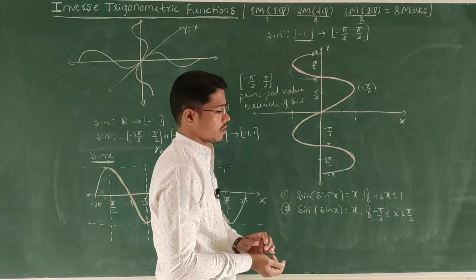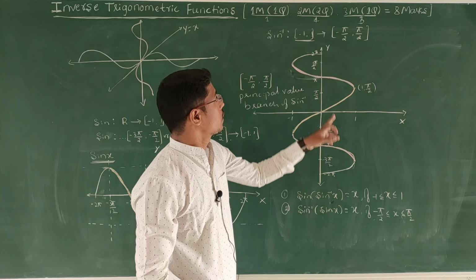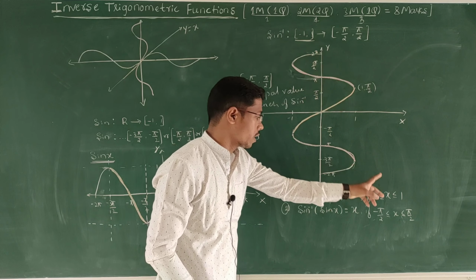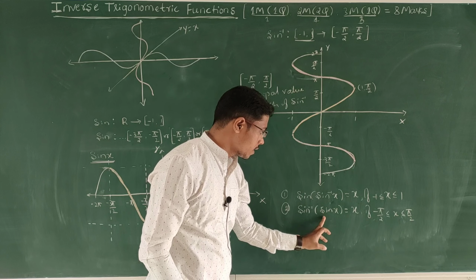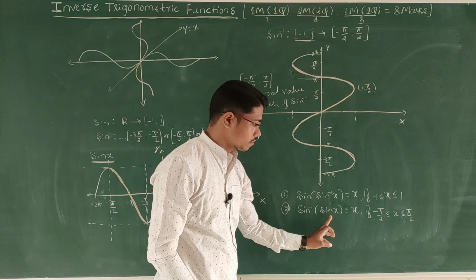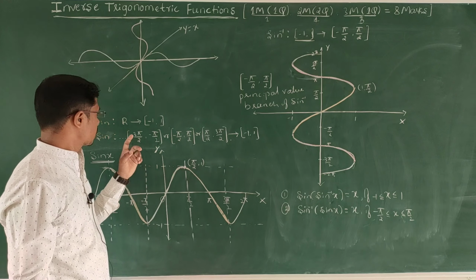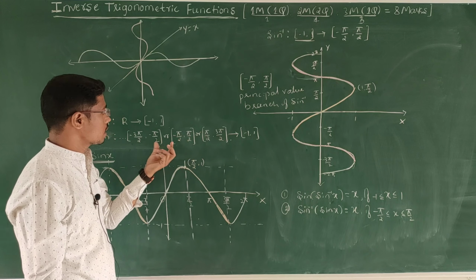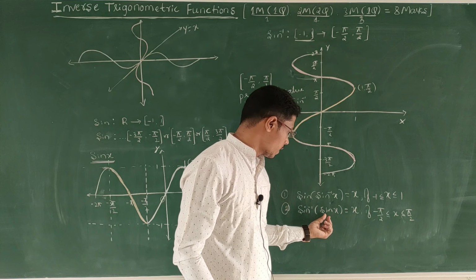Why is this? See here, for the inverse function, its input is from minus 1 to 1, so x should be between minus 1 and 1. Then for the sine function, its input is the set of real numbers, or else we can take any interval in this, that is minus pi by 2 to pi by 2. I took care of that, so that's why.